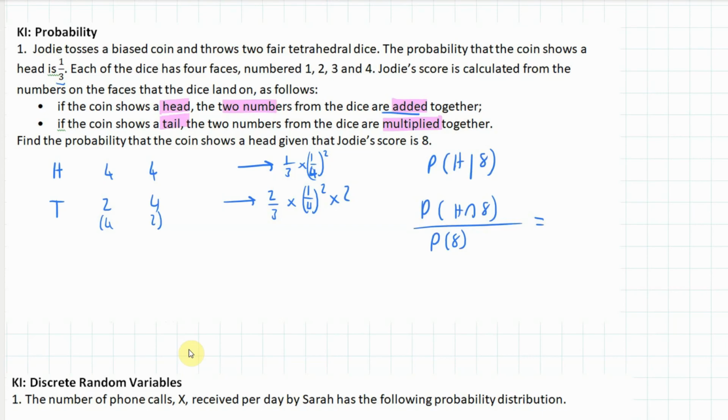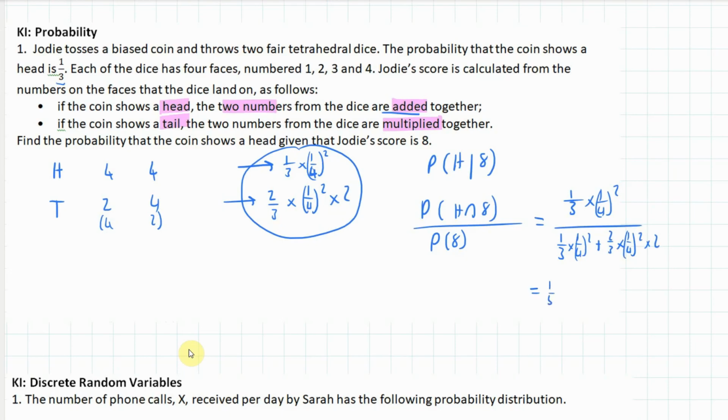So, probability of head and 8 is this first bit, which is 1/3 times 1/4 squared, and then over the total probability of getting 8, which is, these are the only ways of getting 8, so 1/3 times 1/4 squared plus 2/3 times 1/4 squared times 2. Now, when I did this earlier, I got 1/5. Hopefully that's right, when I add that all up.